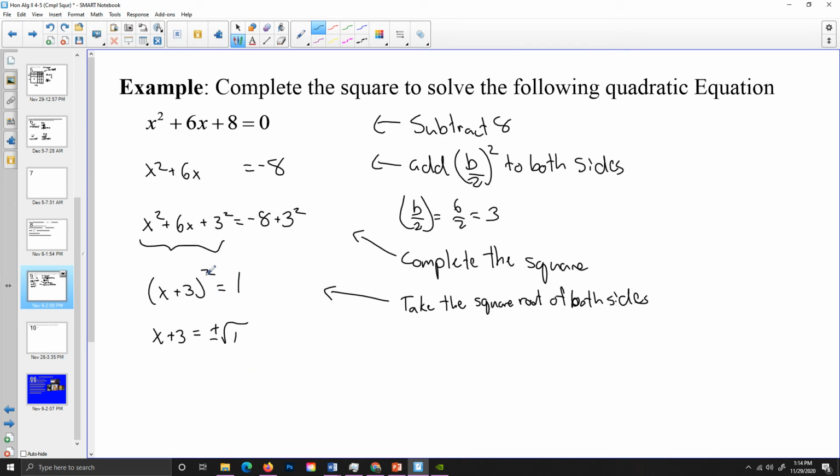And again, remember, anytime you take the square root of both sides, you have to add plus or minus. And so now I'm going to subtract 3, and I'll have x equals -3 plus or minus, well, the square root of 1 is just 1. And so x is going to equal -3 plus 1 is -2, -3 minus 1 is -4, and we are finished.